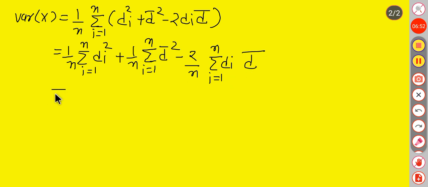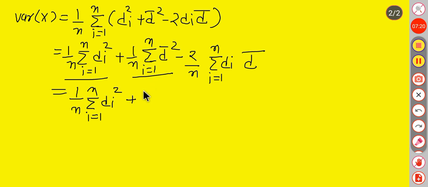Here I will keep the first term as it is. In the second term there is no di, so you are adding d bar square n times, so this term becomes 1 upon n times n d bar whole square.